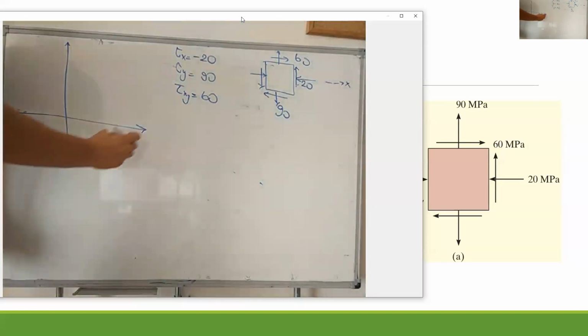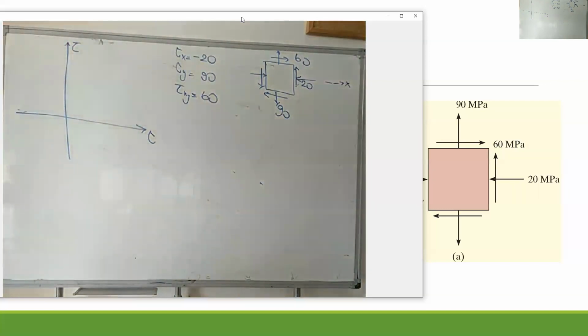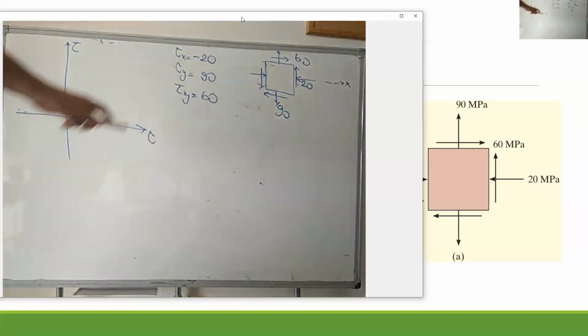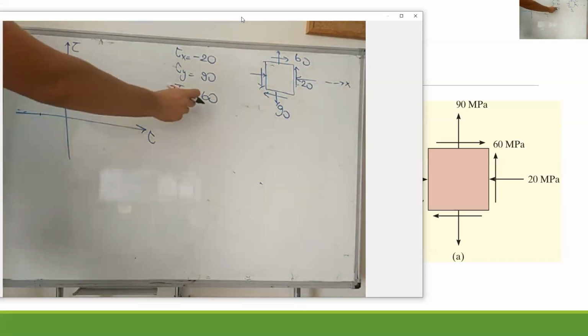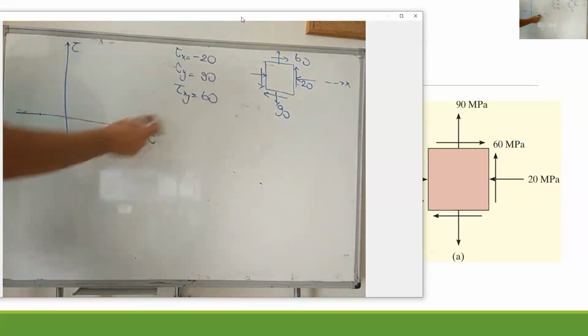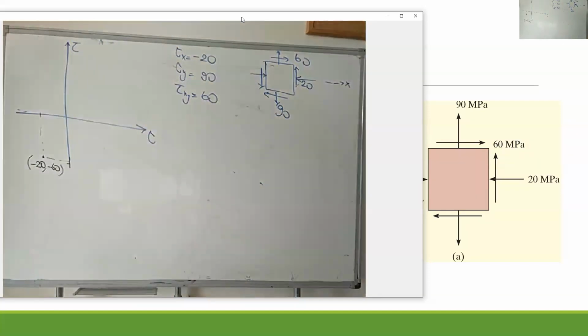And now we can find the principal axes using Mohr's circle. First of all, I need to draw the sigma, tau coordinate system. The first point is sigma x, minus tau xy. So sigma x is minus 20, like this. Tau xy is 60, but we plot it as minus 60, therefore the first point is minus 20, minus 60, like this.